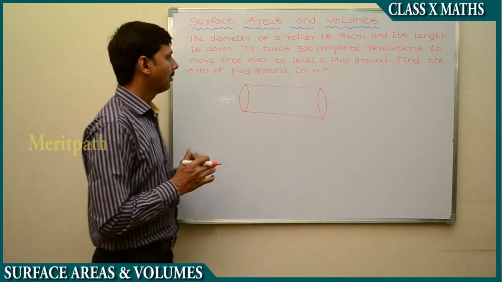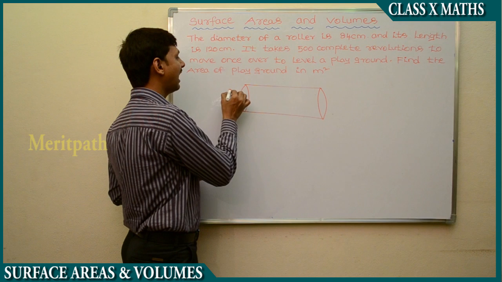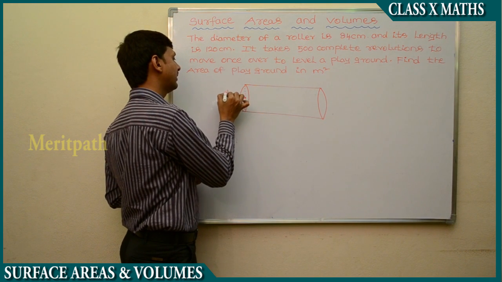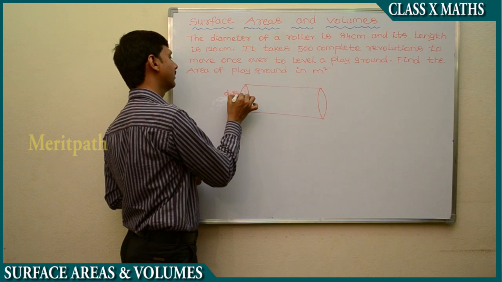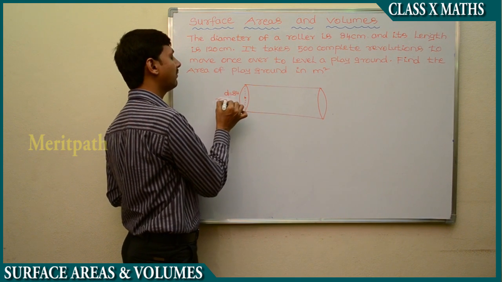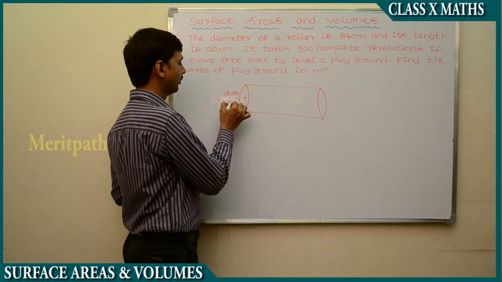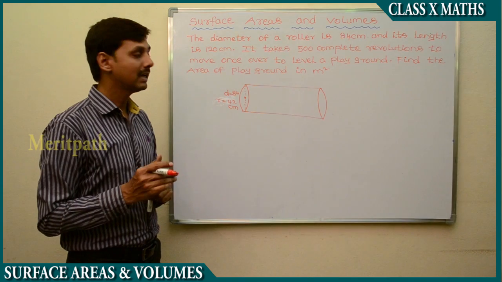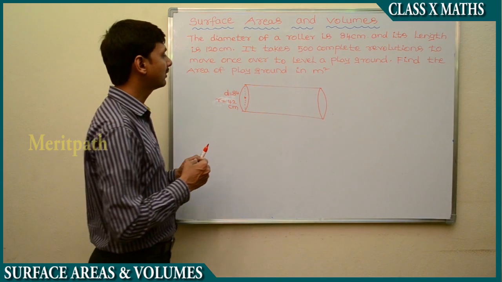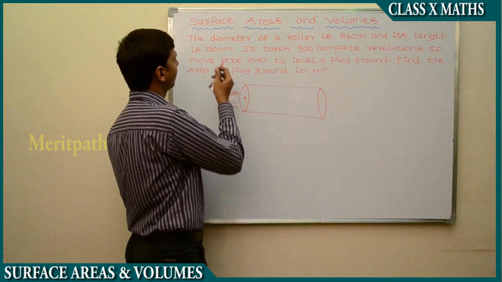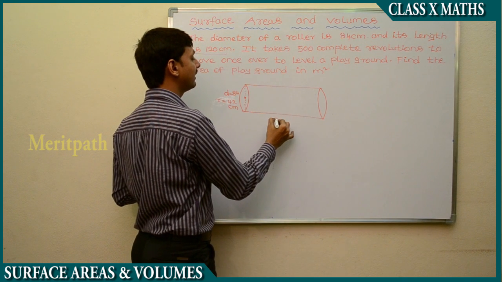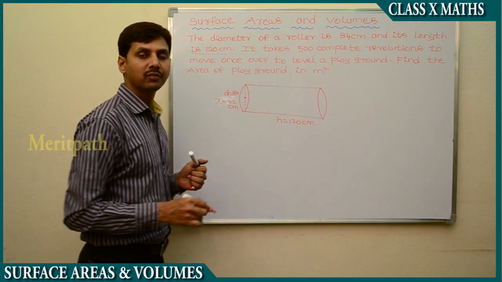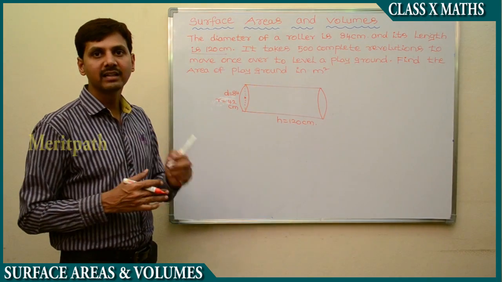The diameter of the road roller is given as 84 centimeters, so its radius will be half of it, 42 centimeters. Let's find out the height of this. It's given as 120 centimeters. So height is equal to 120 centimeters. We need to find out the area, how much it is.